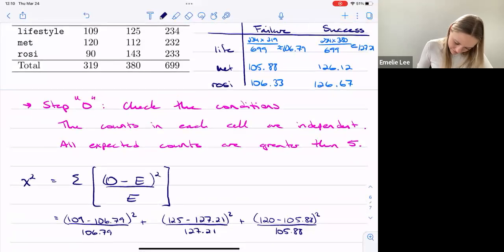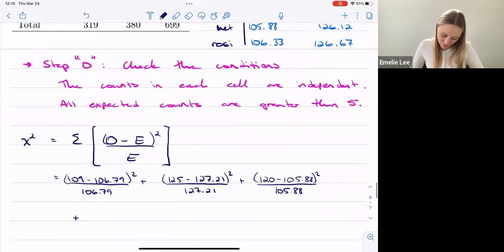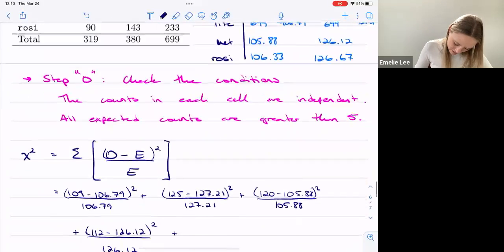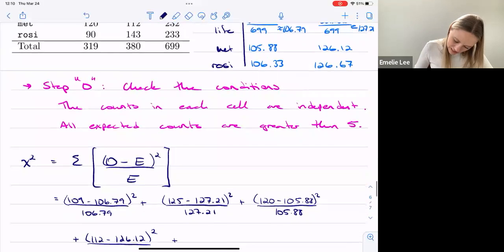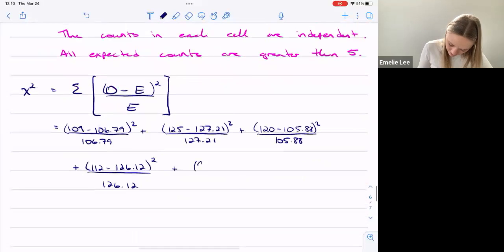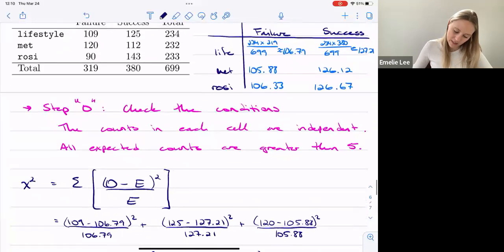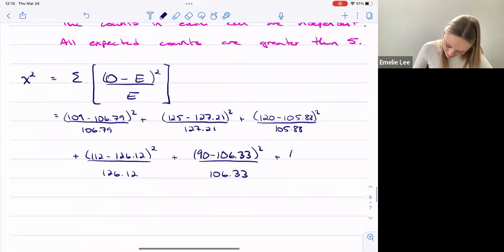And so plus 112 minus 126.12 squared divided by 126.12, plus 90 minus 106.33 squared divided by 106.33, plus the last one, 143 minus 126.67.